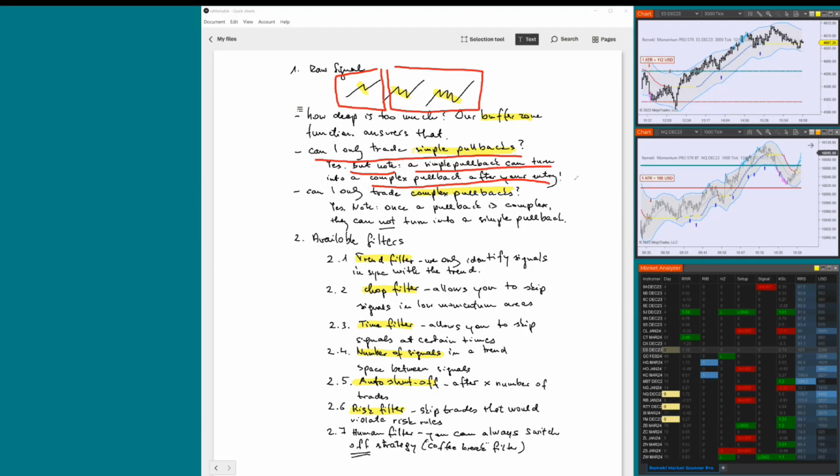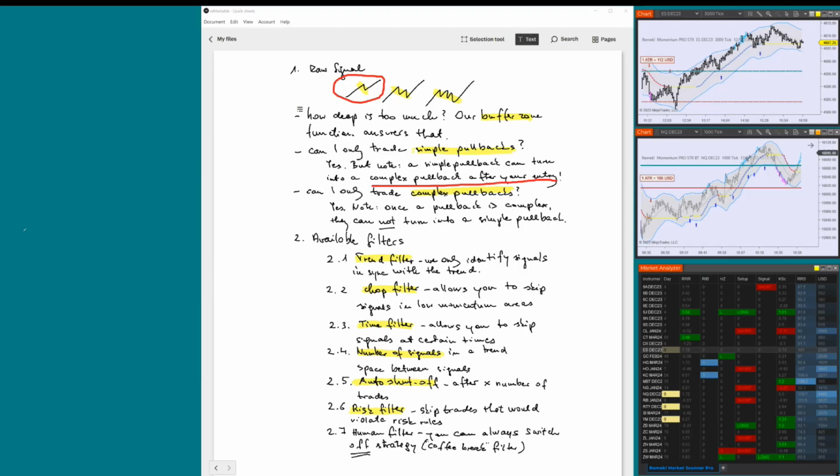And, fact of life, whatever algorithm we build, even the best algorithm in the world, does not have access to data from the future. So when we make this decision to enter the market, we do not know the future yet. So it is not really possible to only enter simple pullbacks, because when we enter a simple pullback, it still has the potential of turning into a complex pullback after the entry.